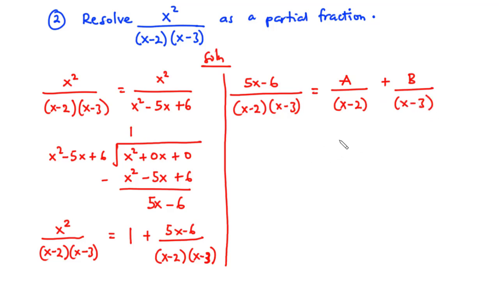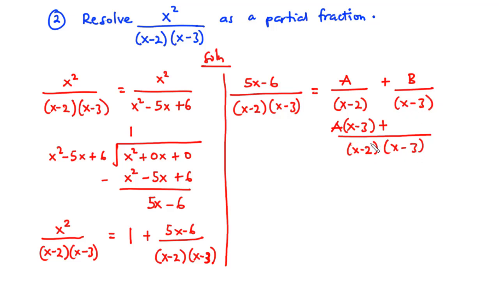So now let's find the LCM. The LCM is x minus 2 and then x minus 3. So we divide x minus 2, x minus 3 by x minus 2. x minus 2 cancels out x minus 2. We are left with x minus 3. So we have A times x minus 3, and then x minus 3 cancels out x minus 3.